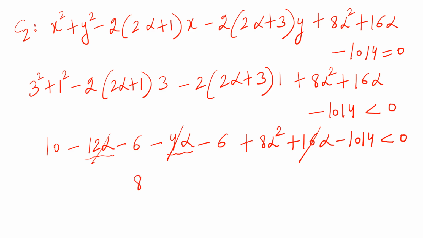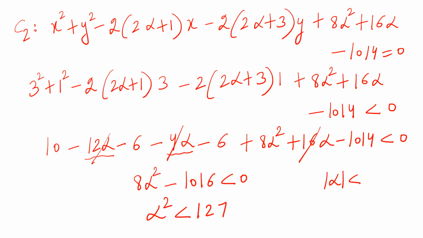So we get 8α² − 1016 < 0, or α² < 127. That means |α| < √127, or I can say that α is greater than −√127 and less than √127.